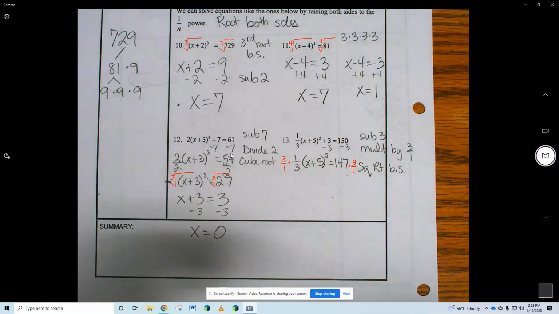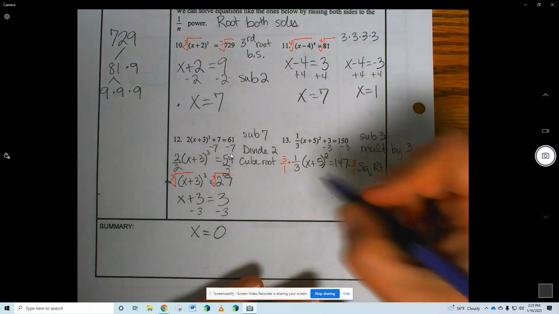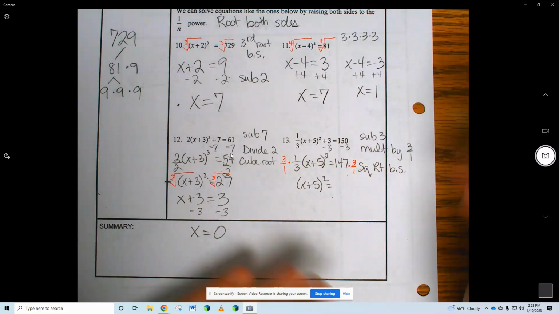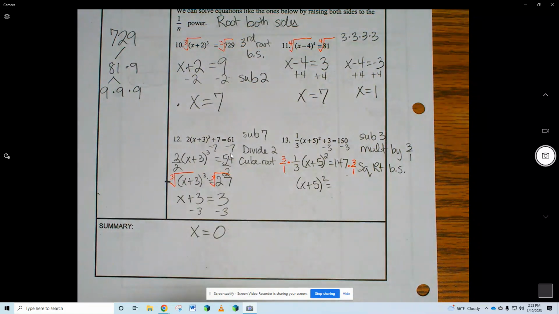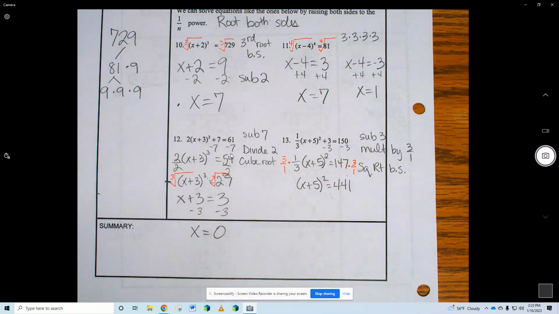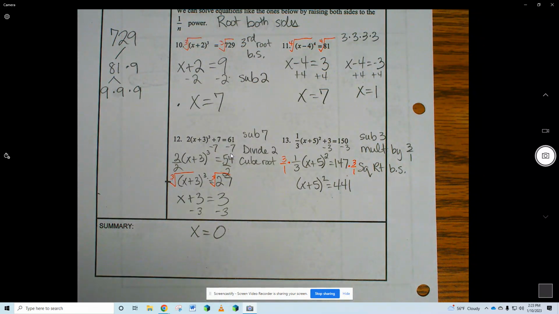That cancels out the 1/3. 147 times 3, in case you wanted to know, is 441. Then square root both sides.